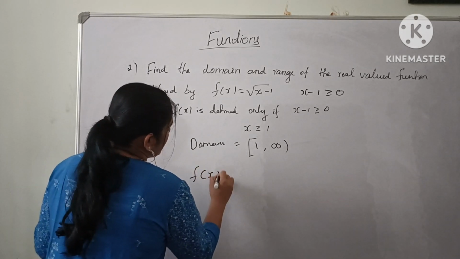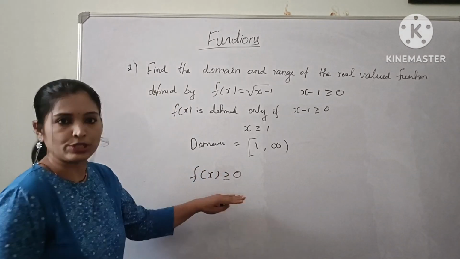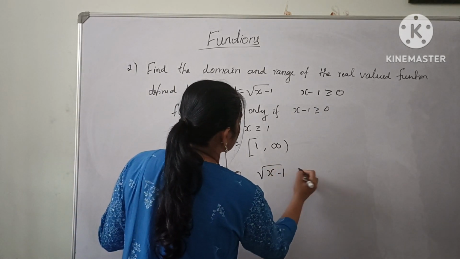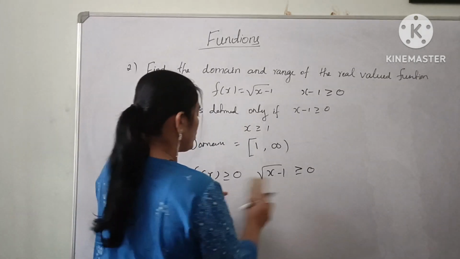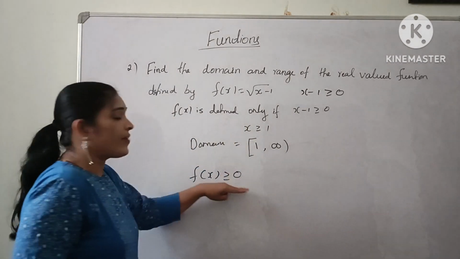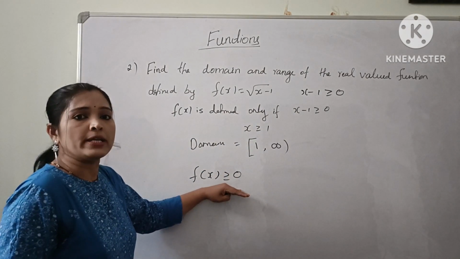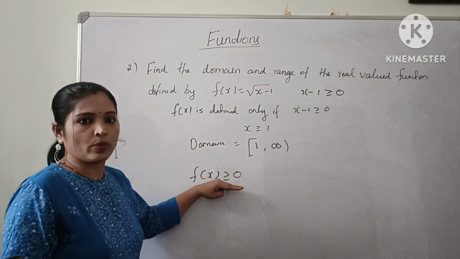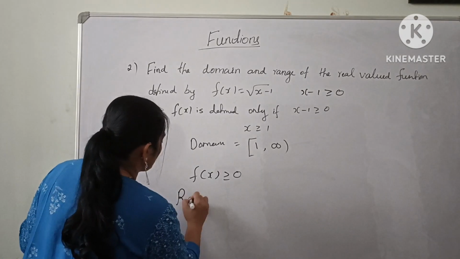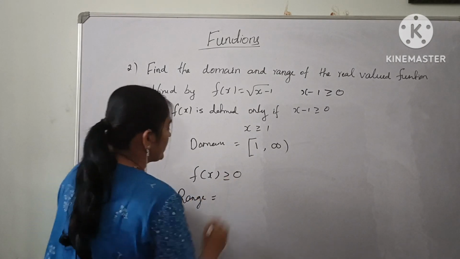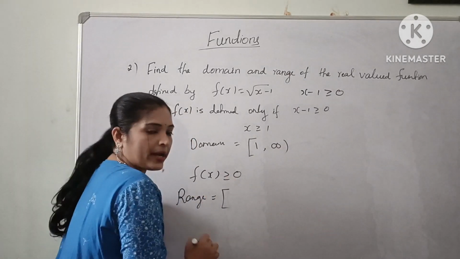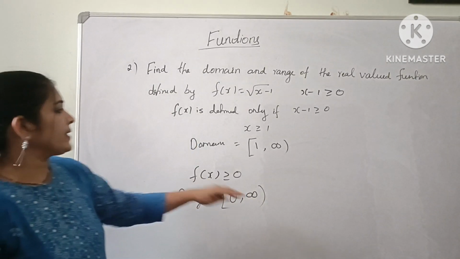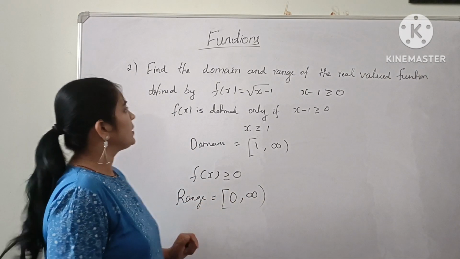That means the square root of (x - 1) is greater than or equal to 0. f(x) greater than or equal to 0 means the range, right? The range values are greater than or equal to 0. So what is the range? How to write the range? Range is nothing but closed bracket 0 to infinity. Okay, so it is the range.